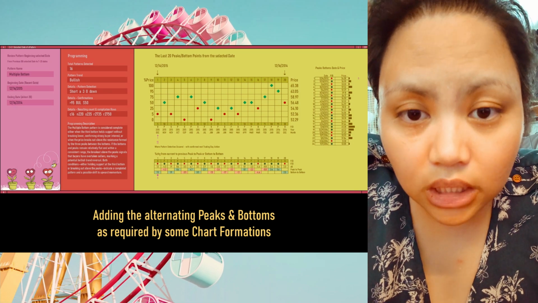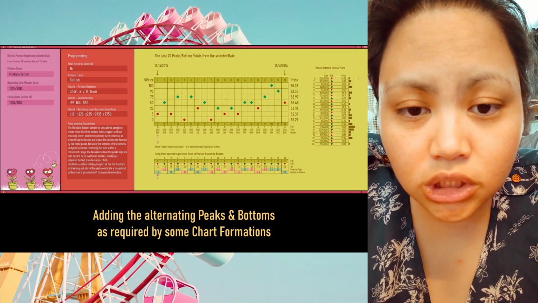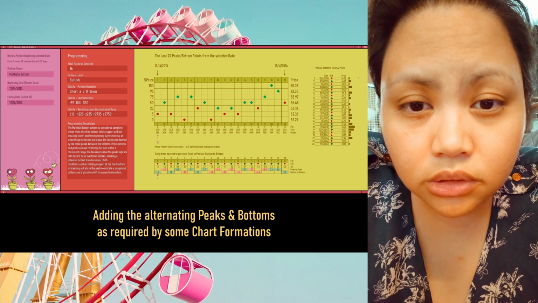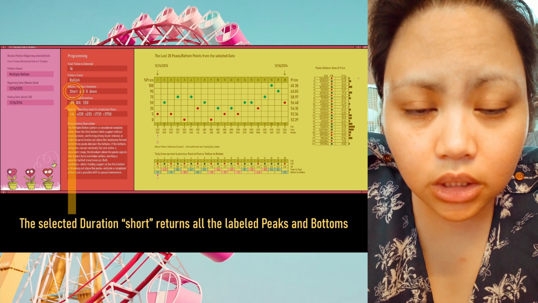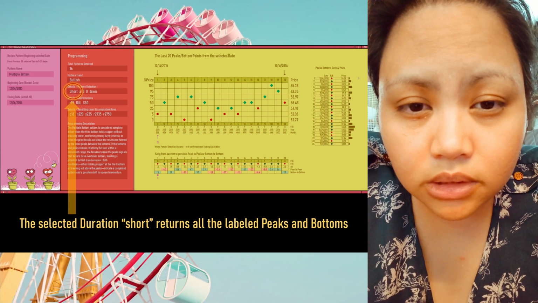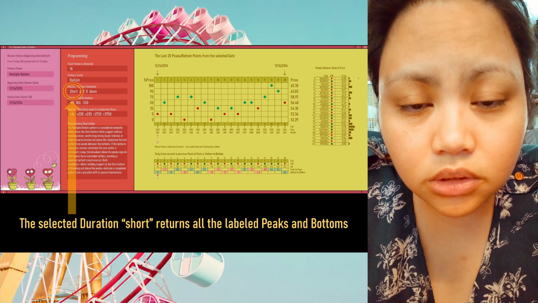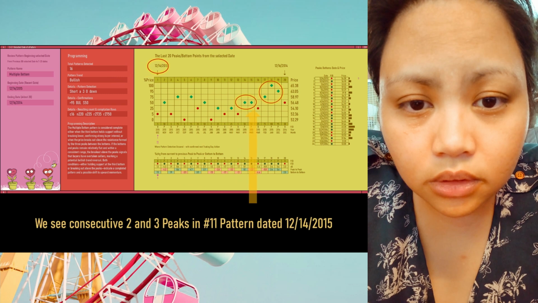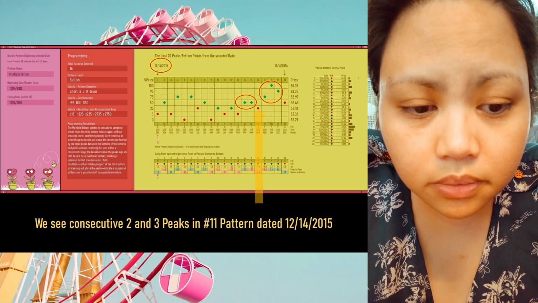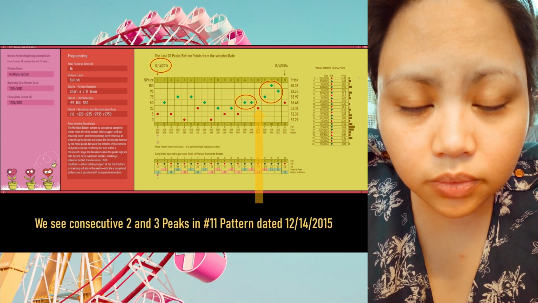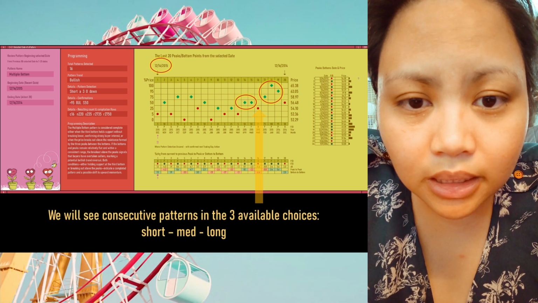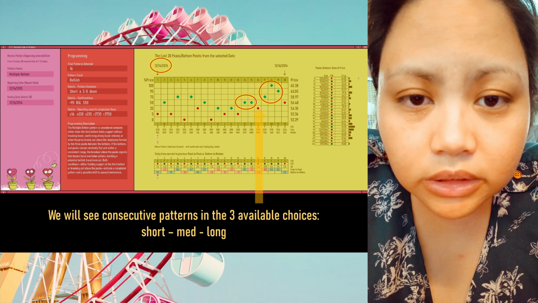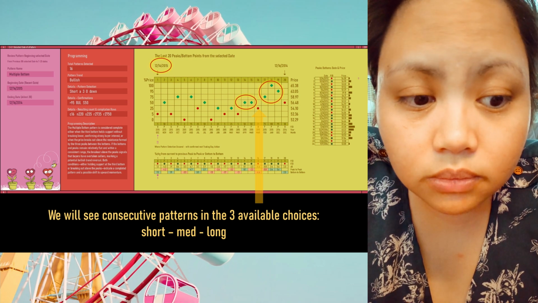So last night I mentioned some solutions that I thought of in meeting the requirements of alternating patterns. Peak, bottom, then should be peak, bottom. Not that we eliminate consecutive patterns like peak, peak, peak, or bottom, bottom, bottom, or peak, peak.